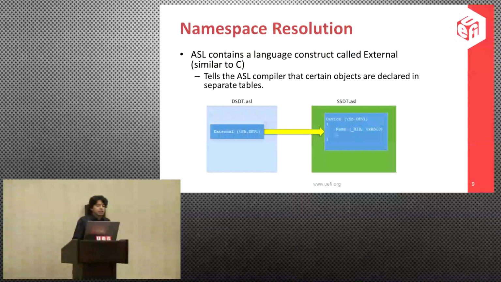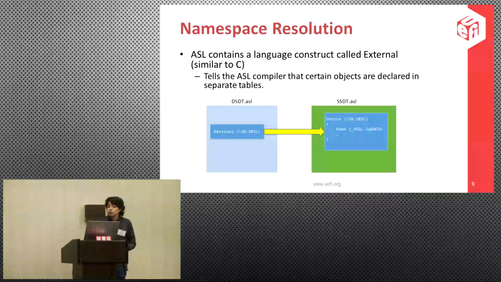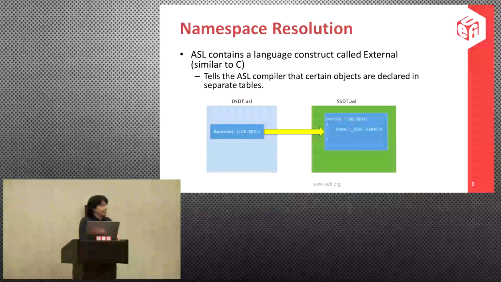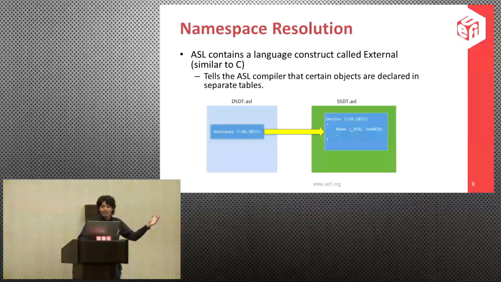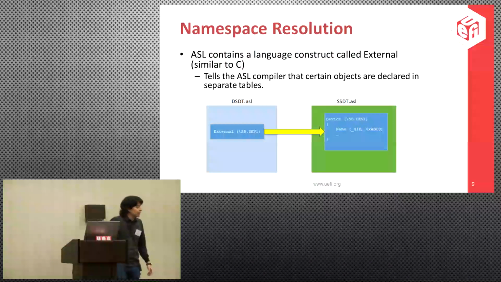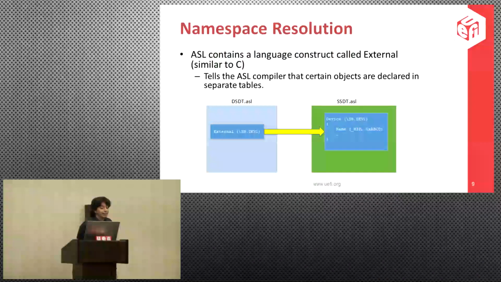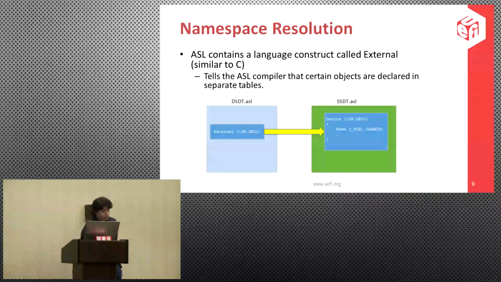Well, ASL contains a language construct called external, which is similar to the C external, and tells the compiler that a certain object is declared in a separate ACPI table. So for example, in this example, we have this device called dev1 that is external in a file called dsdt.asl, and ssdt.asl declares this device called dev1.